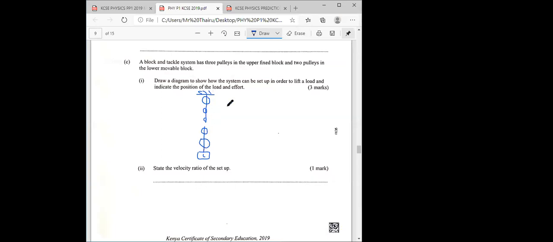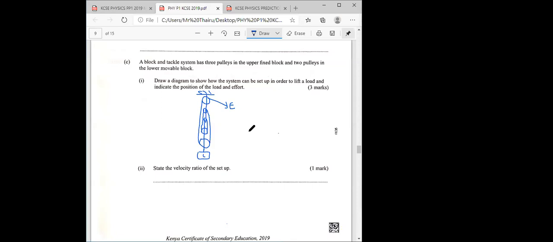Effort, let it be applied from that end. So this string for the effort goes around the upper pulley, goes around the lower pulley, moves up, goes around the second top pulley, downwards to the second lower pulley, goes around it, moves to the last pulley, and then goes around it. This end is attached there. So that is what was required in the question, and you get the 3 marks.